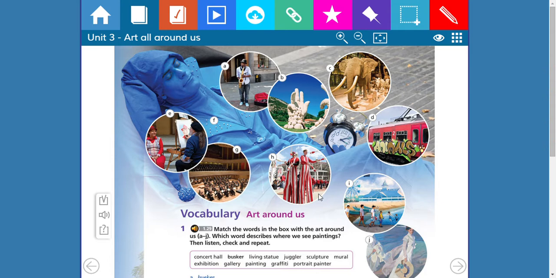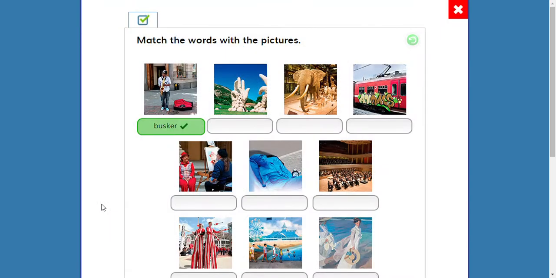Sculpture, mural, exhibition, gallery, painting, graffiti, and portrait painter. A portrait painter is a person who makes portraits. Mr. Teacher, what is portrait? Retratos, you say in Spanish. Okay, portrait.